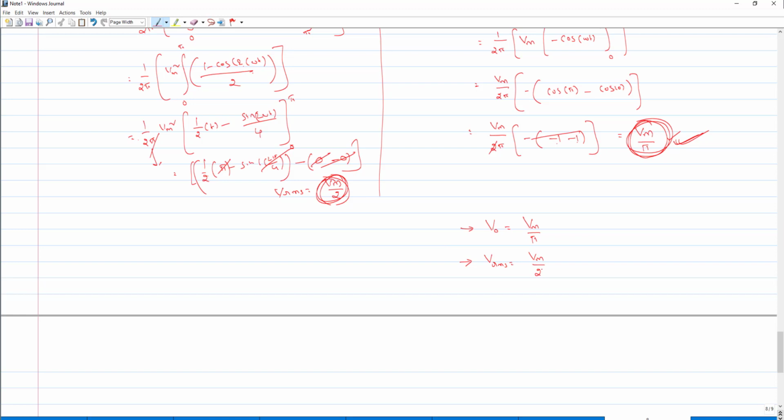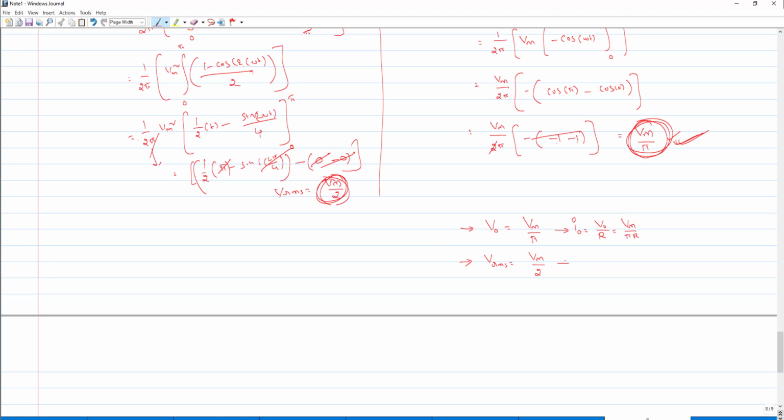Now some important power quality parameters you have to consider here. From this average value of voltage, the average value of current is V0 by R, that is equal to Vm by pi R.